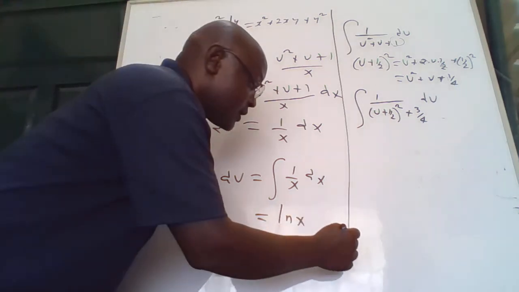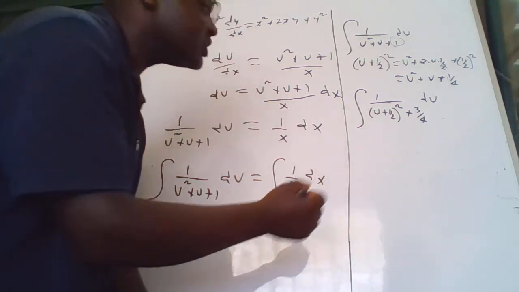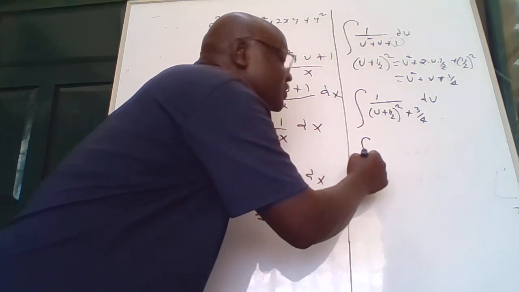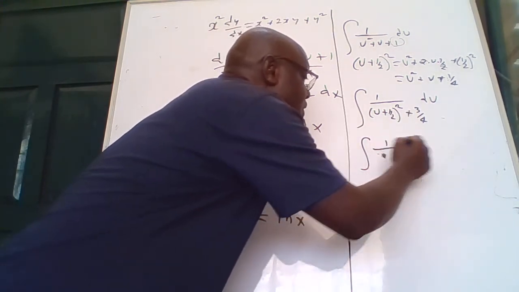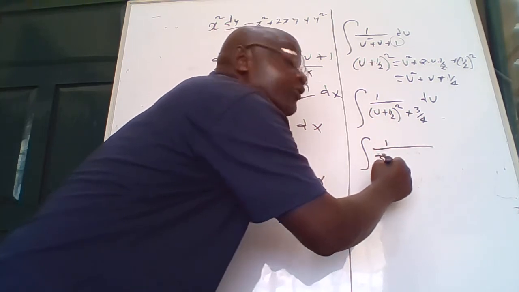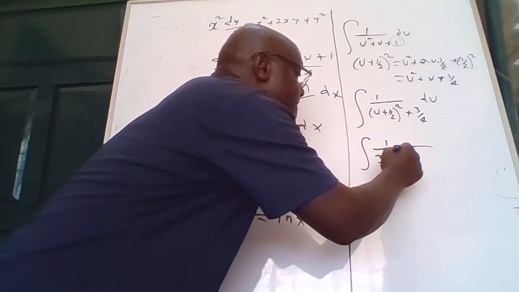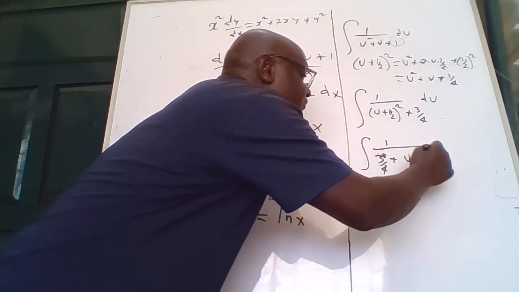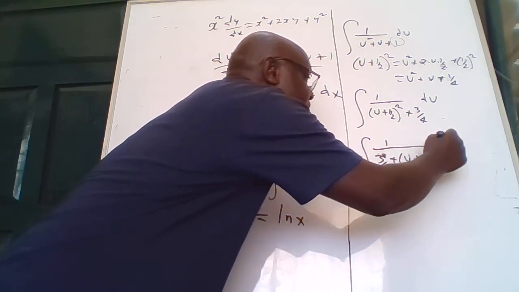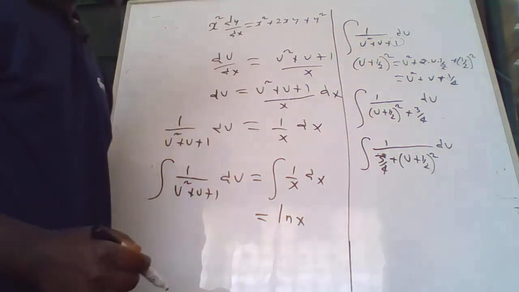Now, I'll rearrange this one as the integral of 1 over 3 over 4 plus v plus a half squared dv.